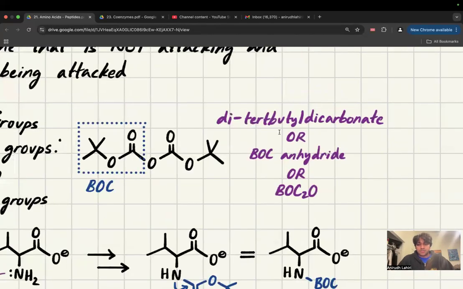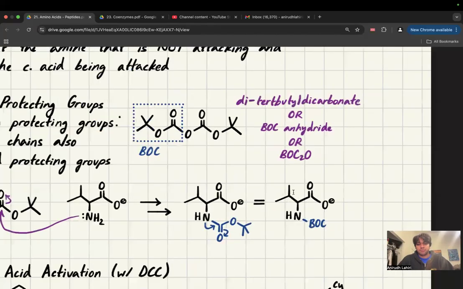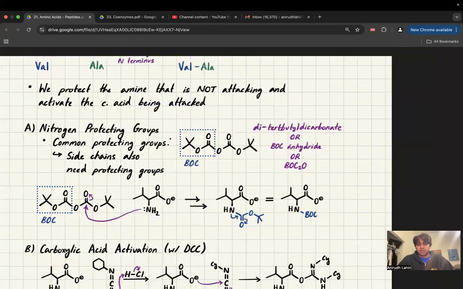If we slow down, it's easy to see why it's named di-tert-butyl dicarbonate, right? Dicarbonate, two carbonyls, and di-tert-butyl, two tert-butyl groups. It's also known as BOC anhydride or BOC2O, right? You should be comfortable seeing it either as the actual structure or BOC.